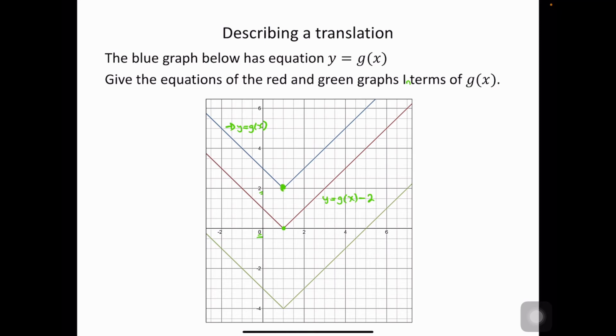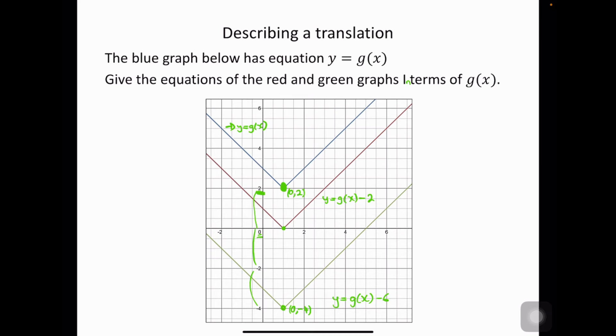Again, let's come back to this point here. It's 0, 2. This point here is 0, -4. So for the green graph, we've gone down 2, 4, 6 places. So y equals g of x take away 6. We've gone down 6 spaces.